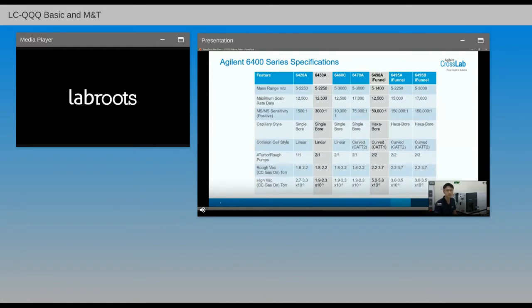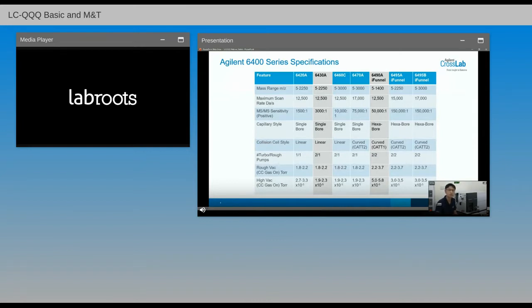And in this slide, you will be able to see the specifications. As you would have seen, the 6495B is the most sensitive in a sense, having a signal to noise of 150,000:1, with an injection of 1 picogram of reserpine using the MRM mode.